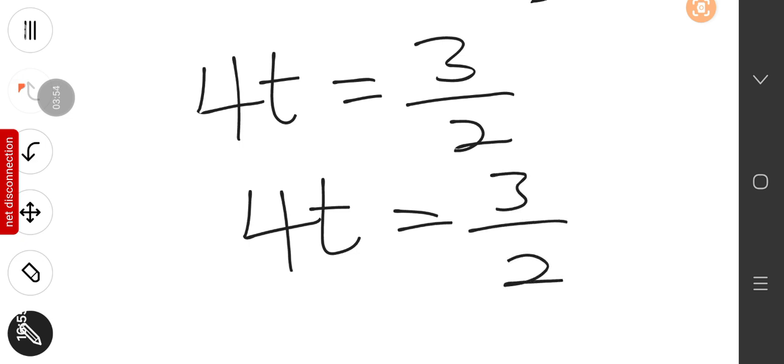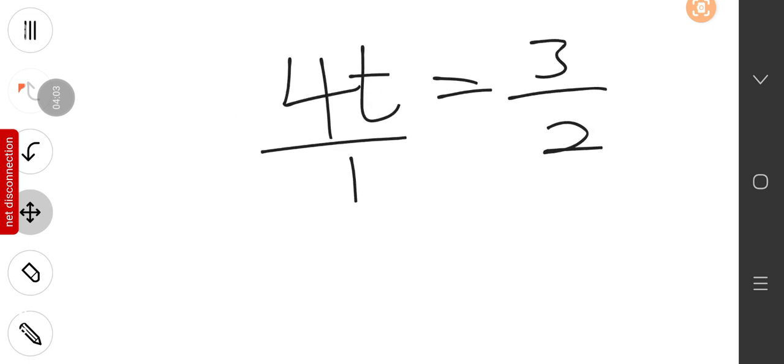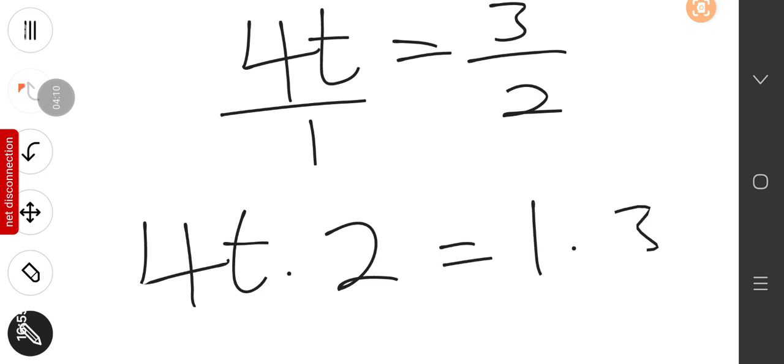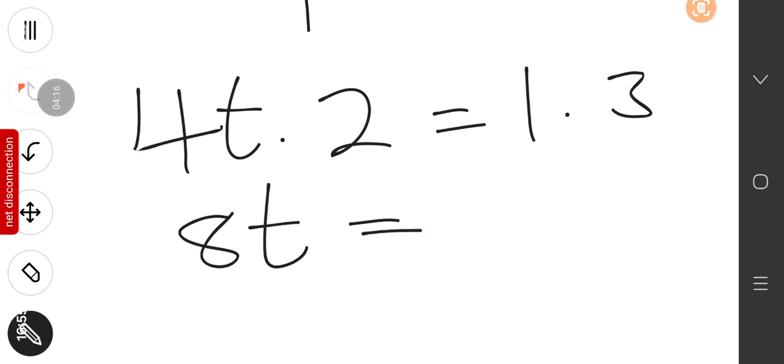Any number is over 1, so the 4t is over 1. So you're going to have 4t times 2 equals 1 times 3. Now this is going to give us 8t equals 3.